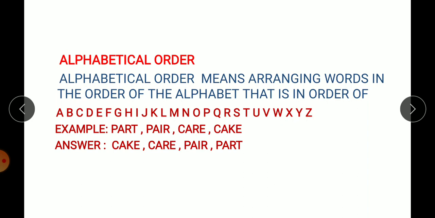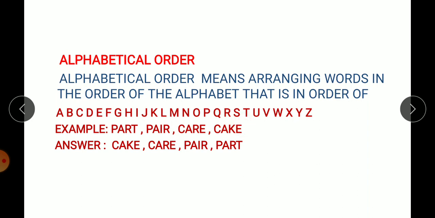Like in example, if you see, there are 4 words given to you: part, pair, care and cake. Now if it is asked that you arrange them in alphabetical order, what you are supposed to do? You have to first see the first letter of each word.